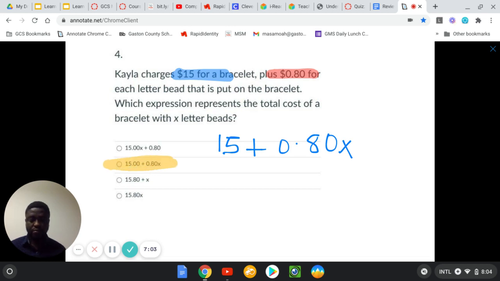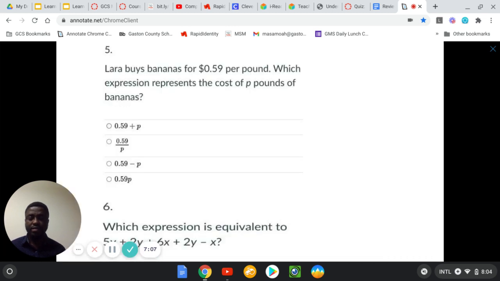Okay, so question number 5. It says Laura buys bananas for 59 cents per pound, 0.59 per pound. This time we don't have a constant term because there's nothing constant. Every pound you have to pay 0.59.